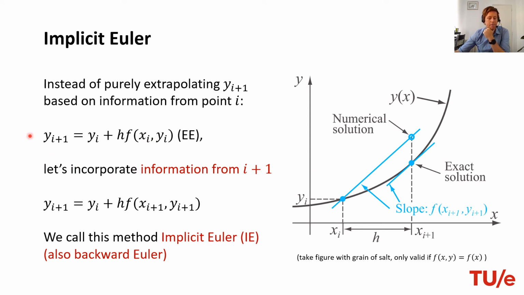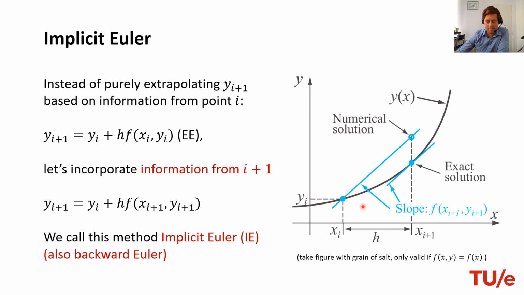Whereas explicit Euler updates the solution solely based on information at point xi, yi, in implicit Euler we evaluate the slope not at step i, but at step i plus 1. This is what we call implicit Euler, or also backward Euler.